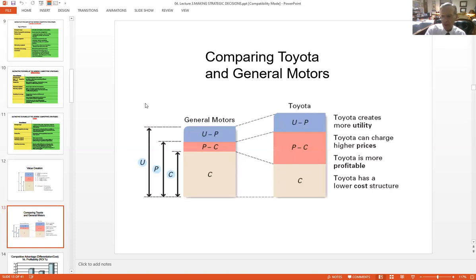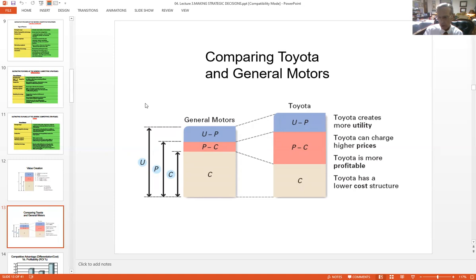Here's a diagram that I borrowed from another textbook, the same one that the prior diagram came from, that was meant to compare Toyota and General Motors. And I've always been critical of this diagram for one reason, and it is that the price for Toyota products wasn't always higher than General Motors, although the folks who made this diagram wanted to indicate that because Toyota was putting more value, more quality into its products, it could actually charge a higher price than General Motors.